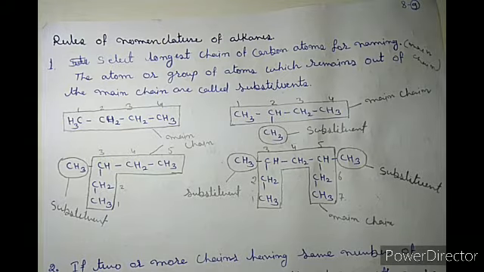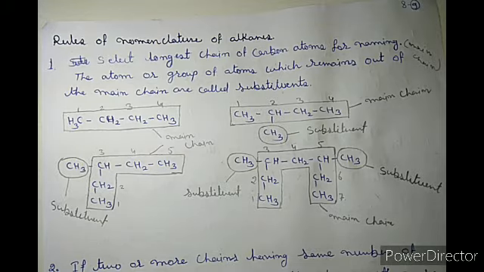Here let me clear you, main chain does not mean a straight line. It means an end-to-end connected series of carbon. Again repeating, the meaning of main chain or longest chain is the end-to-end connection of carbon atoms.